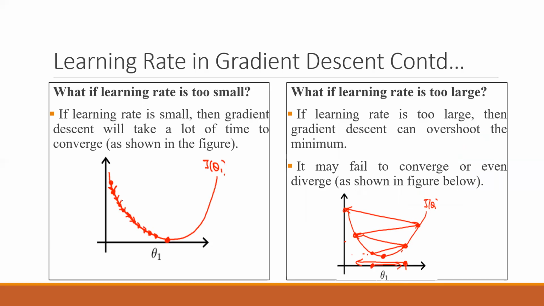On the left hand side in this figure 1, we can see that if the step size is very small, it will take lots and lots of time to reach this point, because you are taking very small steps. And in case you are taking very big steps, then you might go out of this figure. It might be the case that you are missing this minimum point.